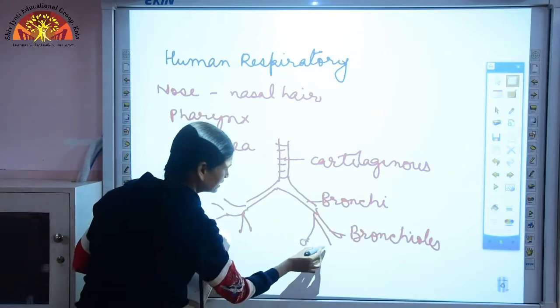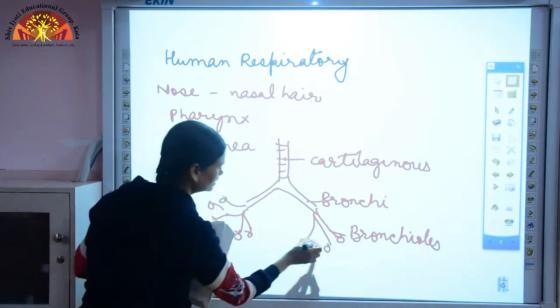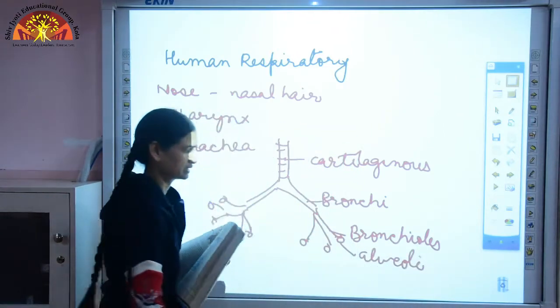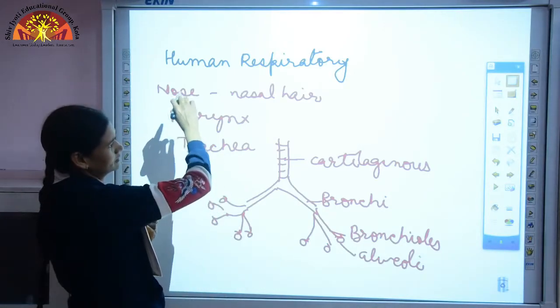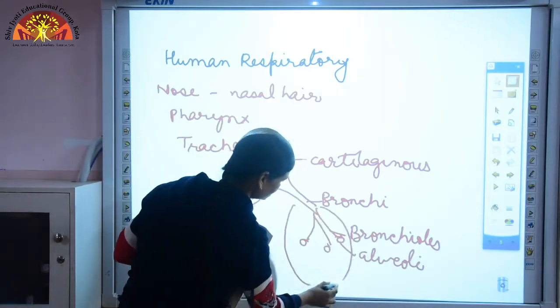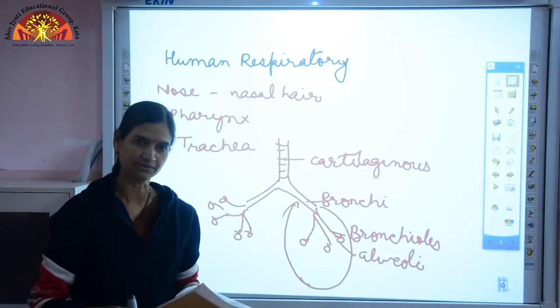Then bronchioles terminate into sac-like structures which are called alveoli. Okay, so these are the structures of the respiratory system. So air moves through this passage, and these are the lungs. So it is all about the respiratory system in human beings.